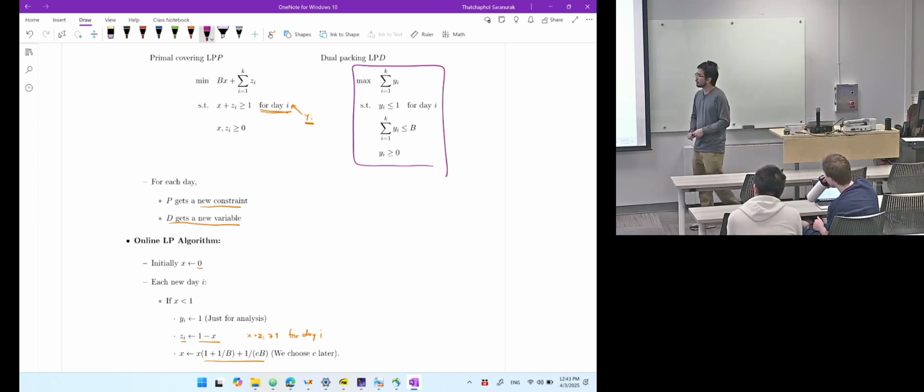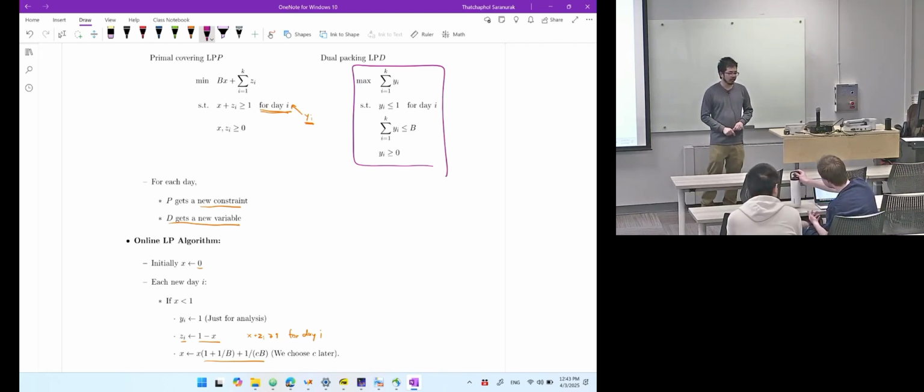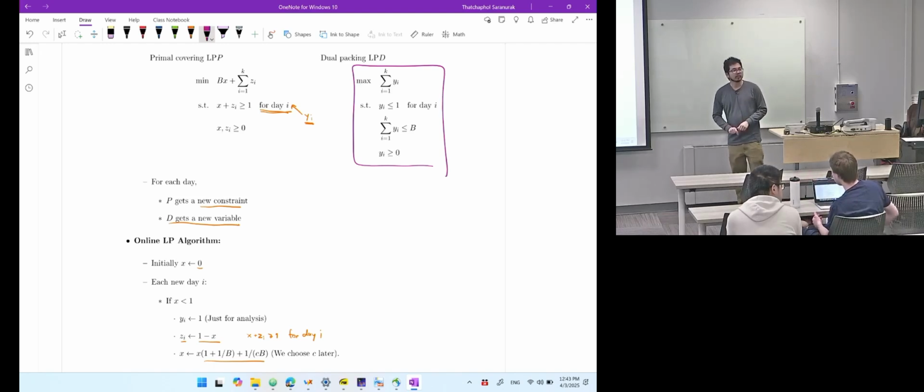And we can't decrease X either, because X never decreases in our online setting. So after we increment X to a certain point, the constraint X plus ZI will always be 1, and we don't have to increase Z anymore ever again.